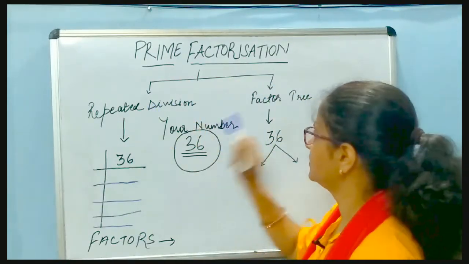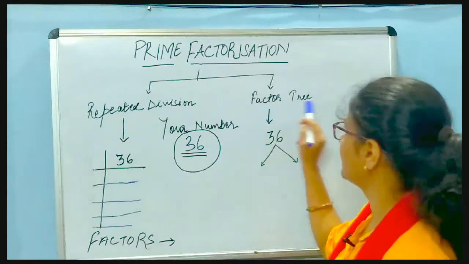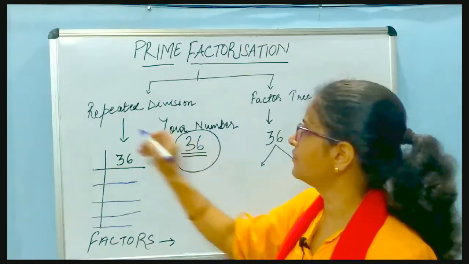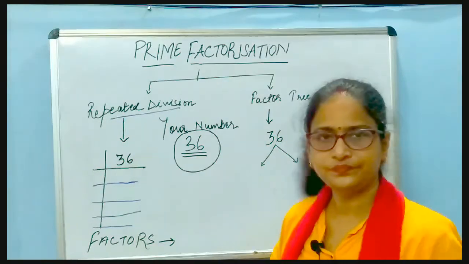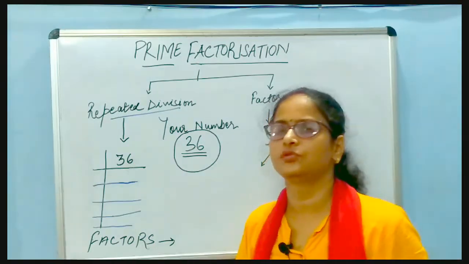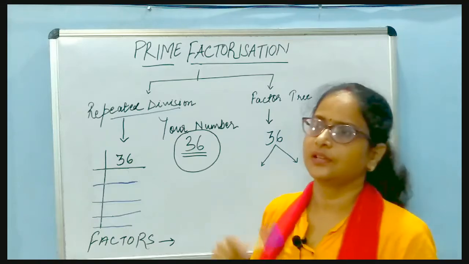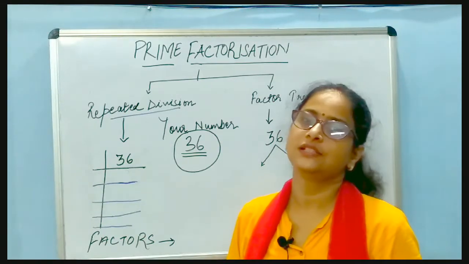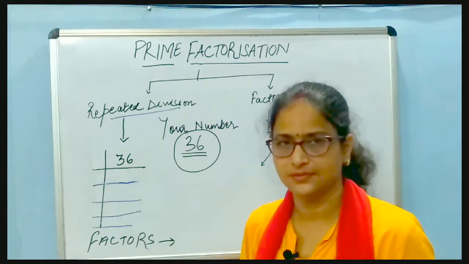There are basically two methods: repeated division and factor tree. We will start with repeated division. In the repeated division method, you have to divide the number until you get 1.